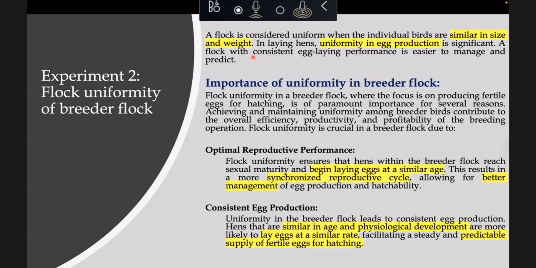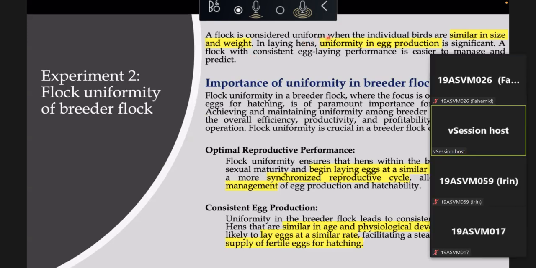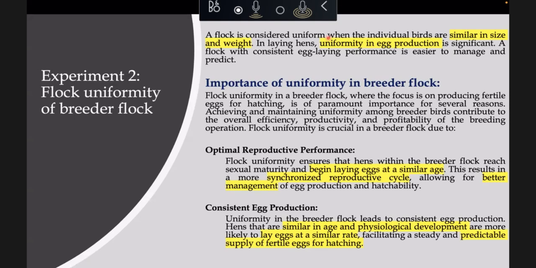So what does uniformity actually mean? We can call a flock of birds uniform when the individual birds are similar in size and weight.